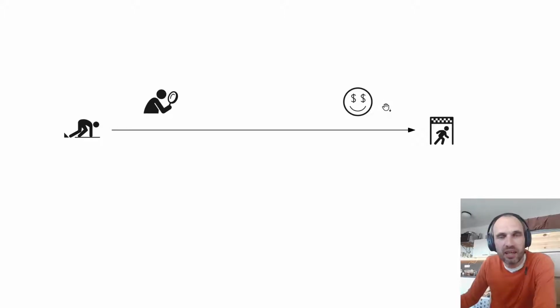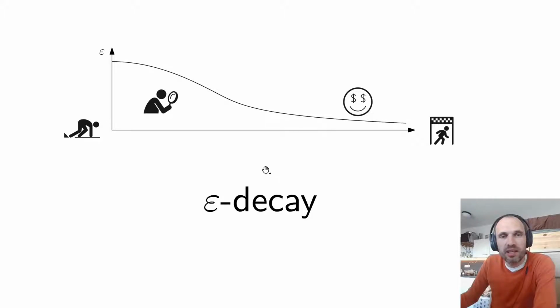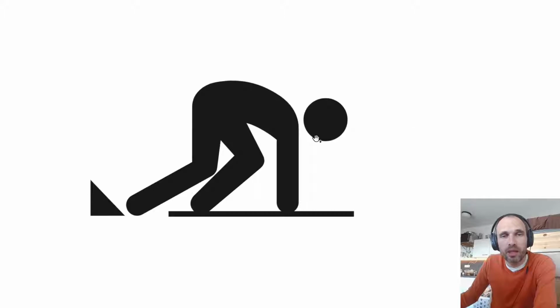You made enough exploration moves in life, and so there is a variant of the epsilon greedy strategy, which is called epsilon decay, where you start with a higher epsilon and then decrease it over time. That's a little variation, a little detail I wanted to tell you about what you could do with epsilon greedy.